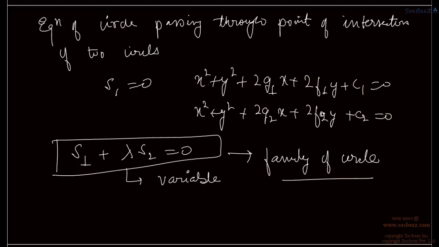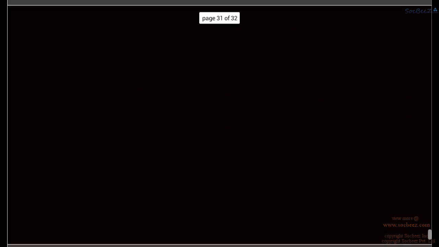For λ = 1 we have one circle, for λ = 2 we have another circle. For different values of lambda, we get different circles. And in this family there is one common thing between all those circles. What is the common thing? All those circles pass through the point of intersection of these two circles. So we have a family of circles.